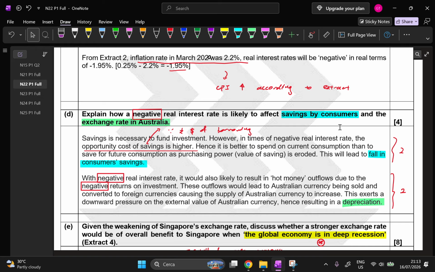I mean, as it is, even in really good times, your savings account interest is barely enough to keep up with inflation. If your savings account interest becomes negative, then obviously you're going to want to get your money out of the savings account so that you don't lose money. So that's why there's a fall in savings, that is also why this kind of monetary policy increases.